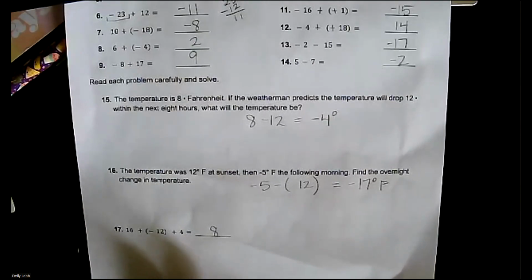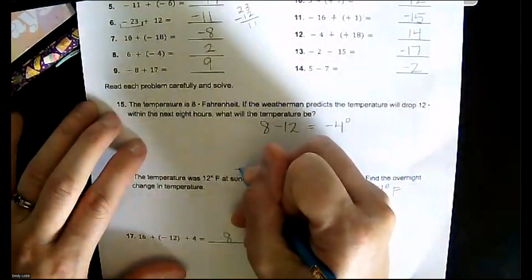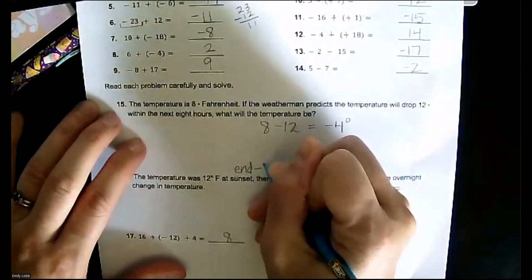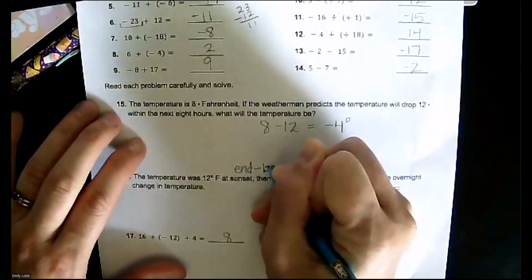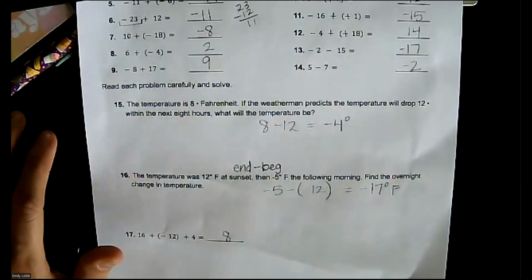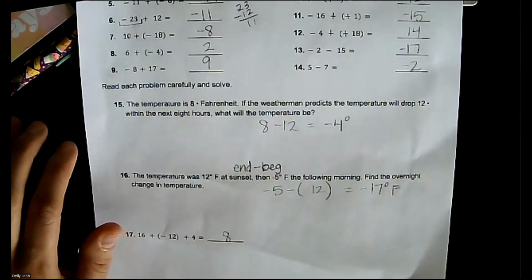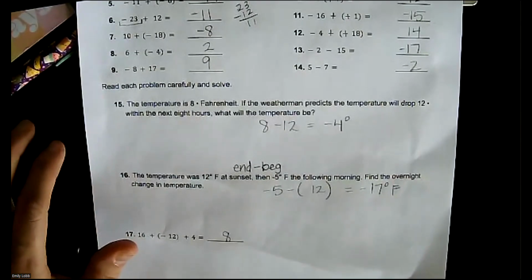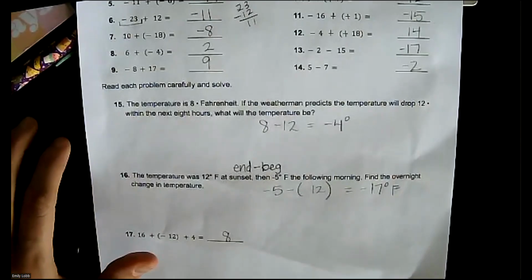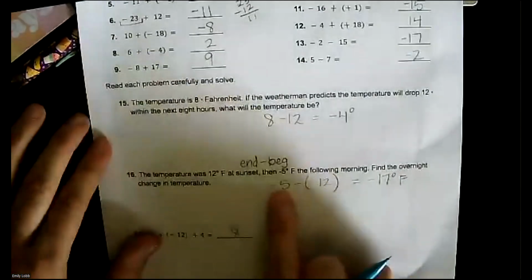Okay? This is the one on your quiz that I had you write, end minus beginning. This is what I had you write on your practice quiz. If you didn't write this, chances are you got it wrong, or maybe you just didn't understand what we meant by that. First of all, what's the end temperature? -5.